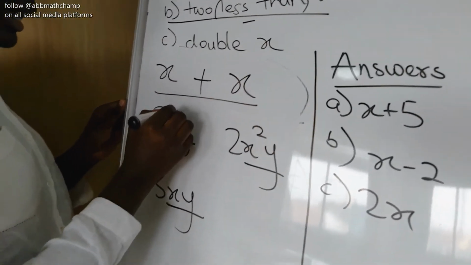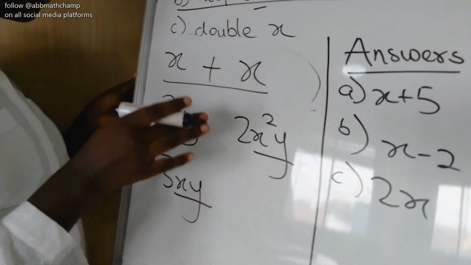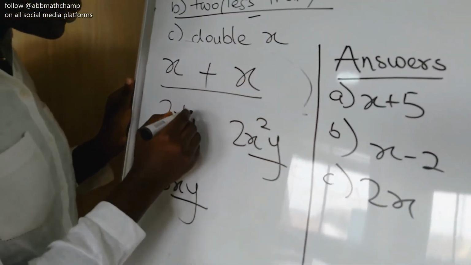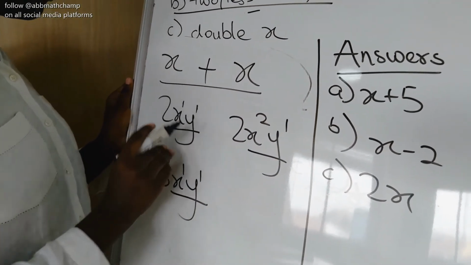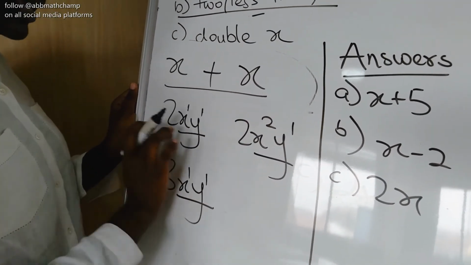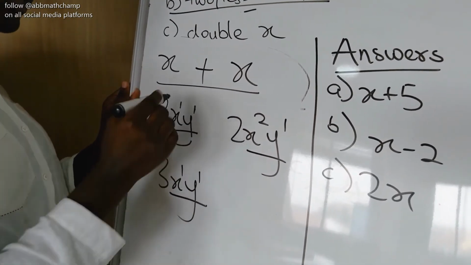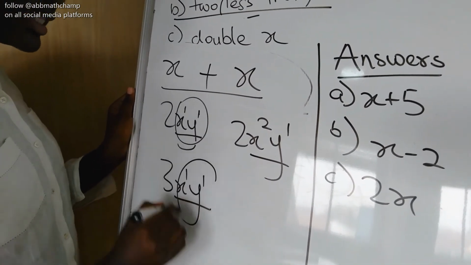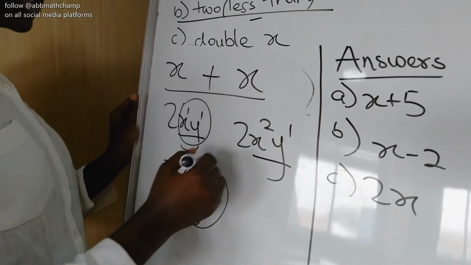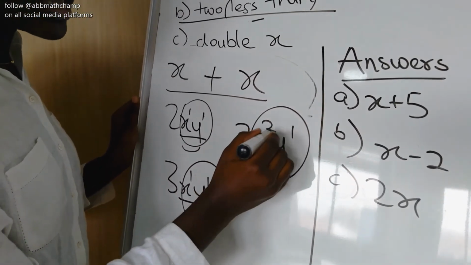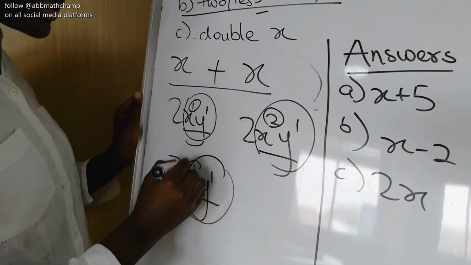The exponents are normally written on top, but when they are not written, it means it's 1. So here it's 1, it's 2, it's 1, it's 1, it's 1. You see that these 2xy and 3xy, they have the same variables and the same exponents as well. But for 2x squared y and the rest, they are not the same because here is 2, here is 1, and here is also 1.